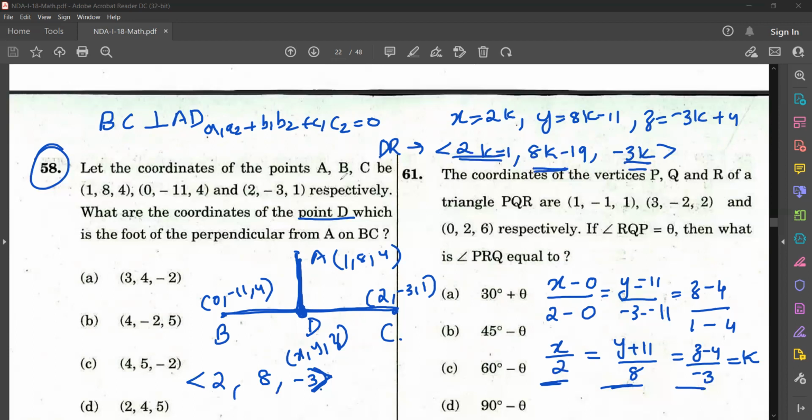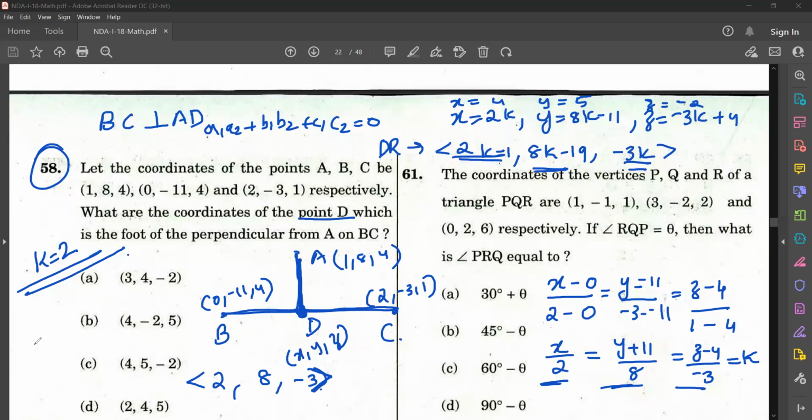Apply that and you'll get k = 2. Then find x, y, and z. x = 2 × 2 = 4. y = 8 × 2 - 11 = 16 - 11 = 5. z = -3 × 2 + 4 = -2.